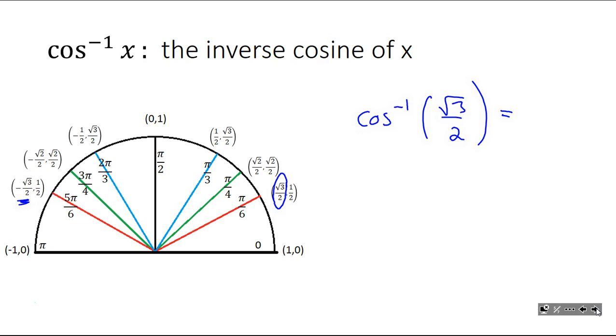And so our answer will uniquely be pi over 6. Now if we hadn't restricted our search area, we would have found a similar value down here in quadrant 4, but that's simply off the table when we're looking at inverse cosine.